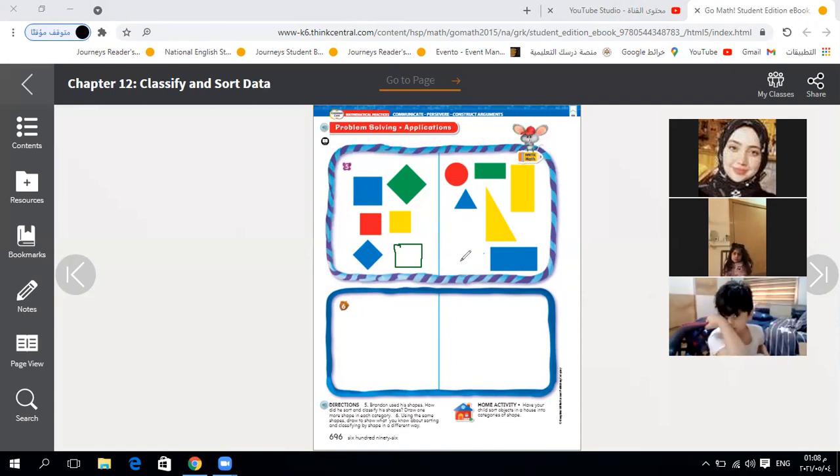So we have to draw any shape you want, a different shape, right? So I'm going to draw a triangle here. Now here we have all squares, and here we have different shapes. Here we have same shapes, here we have different shapes. Okay, come on, do it.